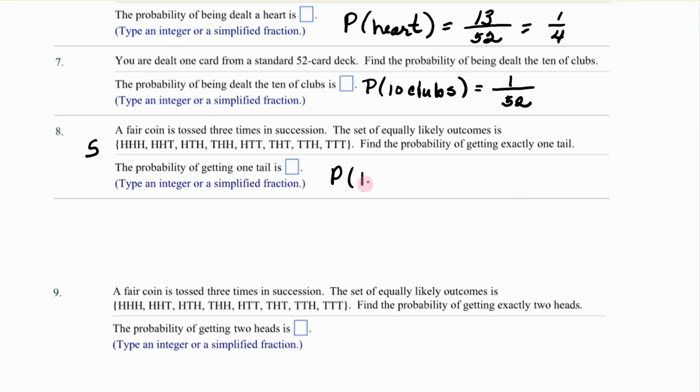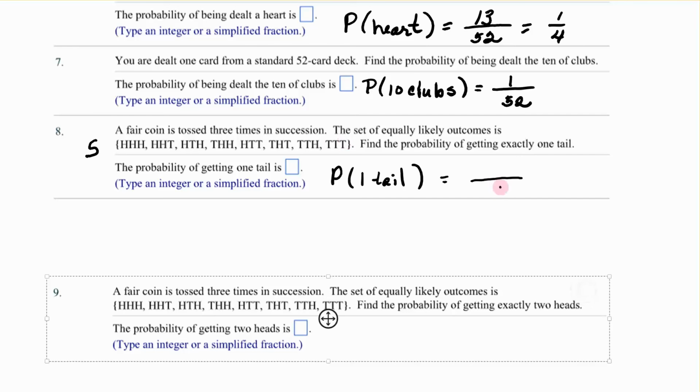Probability of one tail. Well, you know that the sample space goes on the bottom. And how many outcomes are there? 1, 2, 3, 4, 5, 6, 7, 8. There are 8 outcomes to flipping it 3 times. What's the probability of getting one tail?